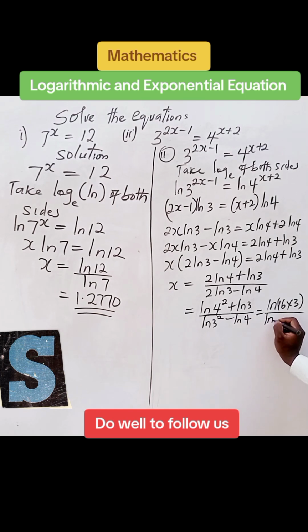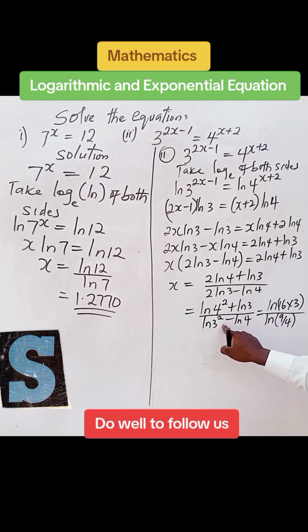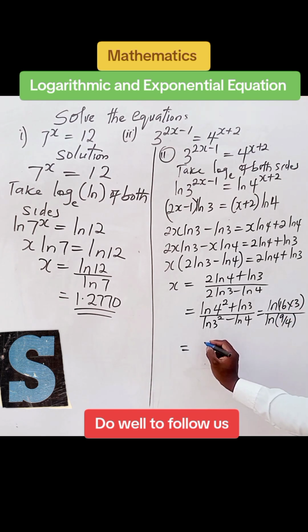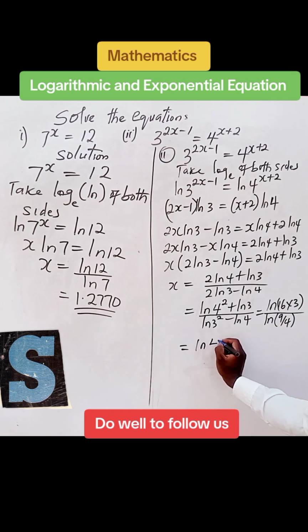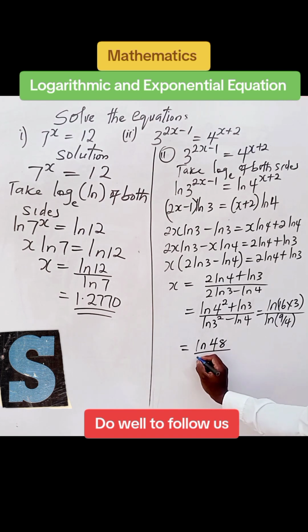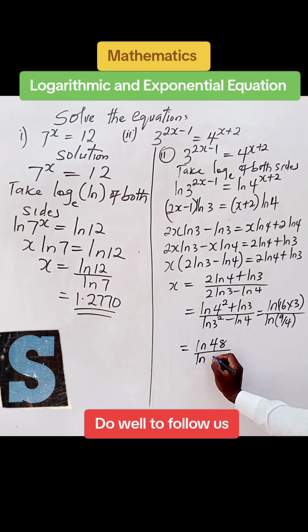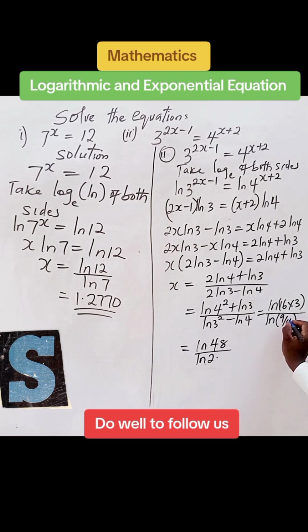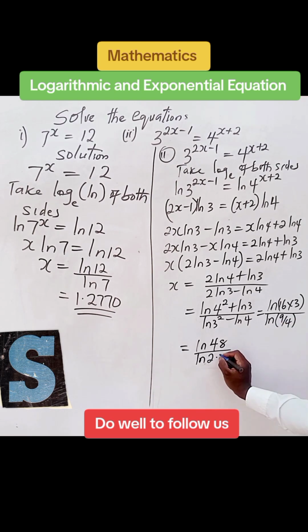So I have ln of 9 divided by 4. The minus is division, plus is multiplication. So quickly, we'll have 16 times 3, we'll have ln 48 divided by 9 divided by 4, we'll have 2 remainder 1, we'll have 2.5.